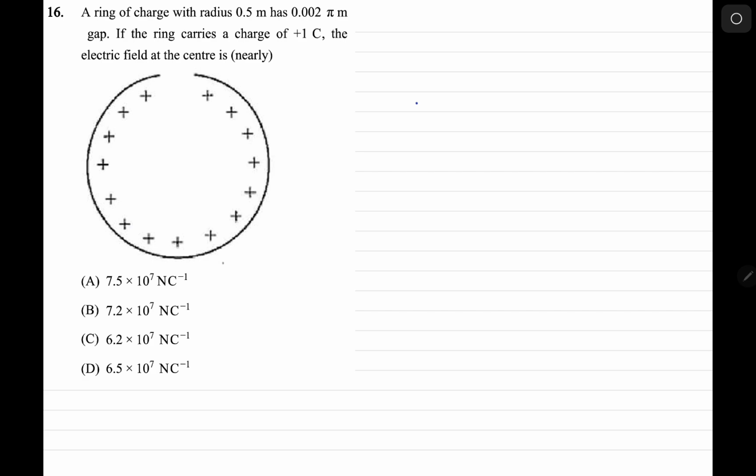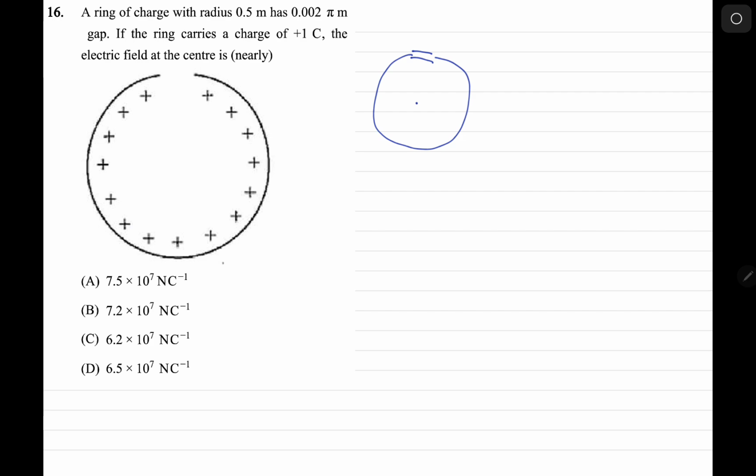Just to solve it quickly, see here, this ring is somewhat like this. This part is missing, so I'll try to cover up this part. I'll assume two elements, identical in size. Think about this approach, which you can use sometimes where you have symmetry everywhere except one point.